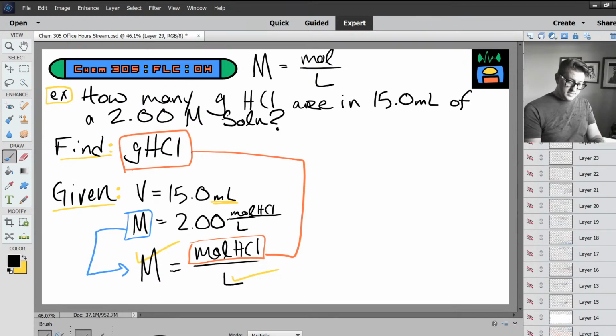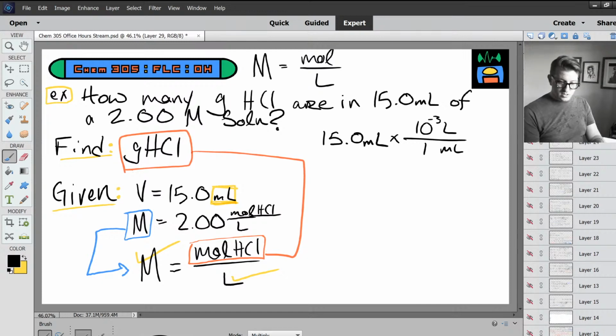Now you'll notice that to use the molarity equation, our volume has to be in liters, and right now it's in milliliters, so we need to do a unit conversion. 15.0 milliliters needs to get converted to liters. Now 1 milliliter is 10 to the negative third liters.